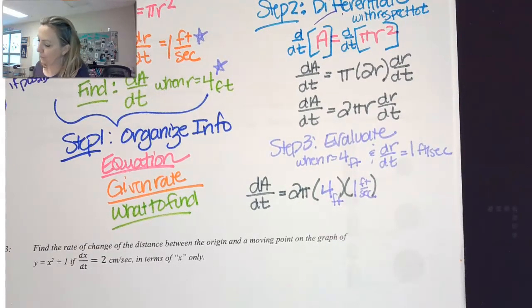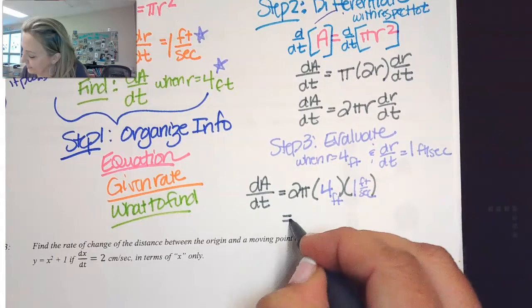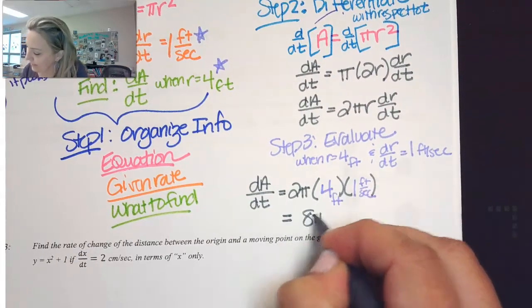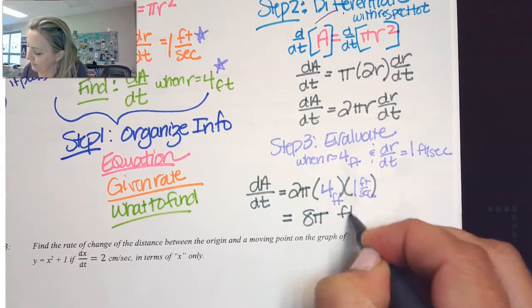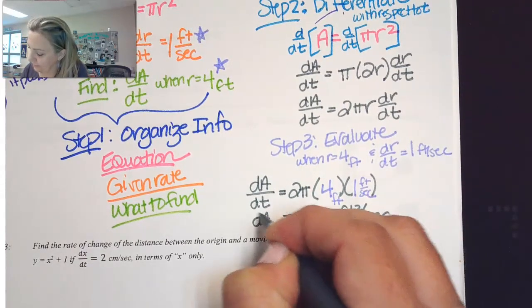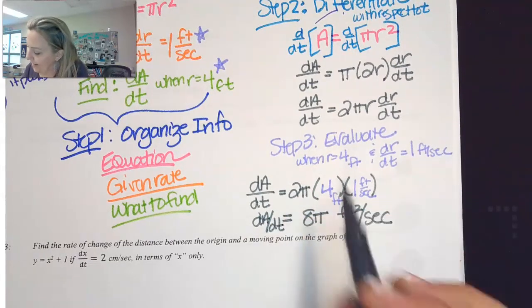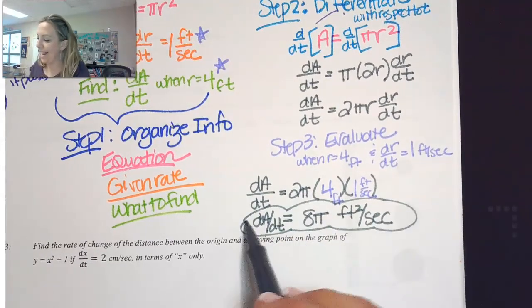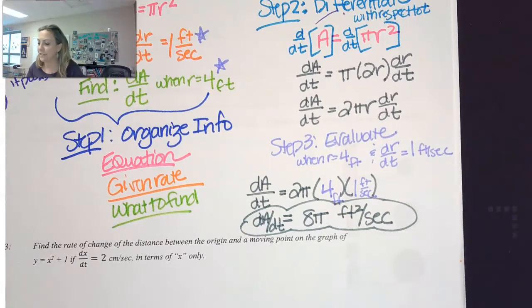And so therefore we can see that that's going to give us 8 pi, feet times feet is feet squared per second. And that is the rate at which the area is changing when the radius is 4 feet, okay?